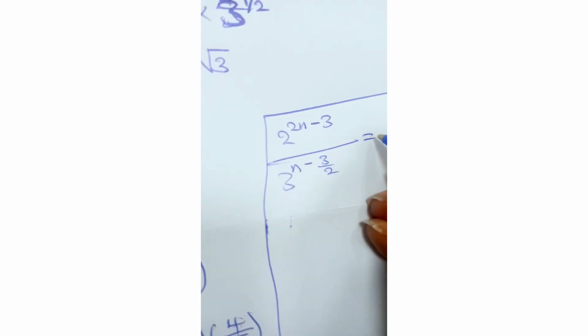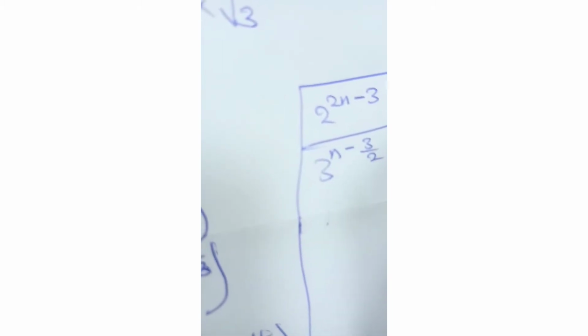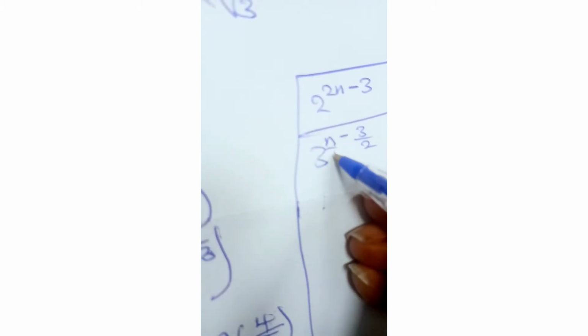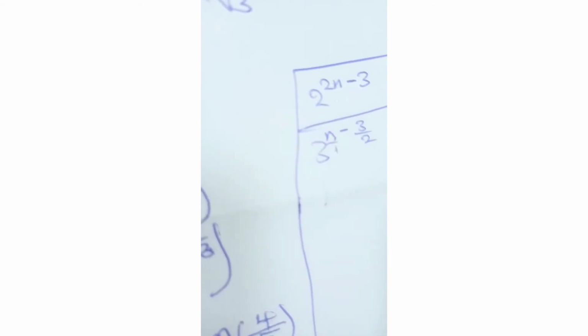If you find the LCM here, what is going to happen? We have 2 raised to power 2n minus 3 over, what's the LCM here? The LCM here is 2. You put over 1 here. 2 divided by 1, we have 2. 2 times n, we have 2n. Then 2 divided by 2, we have 1. 1 times 3, we have minus 3.